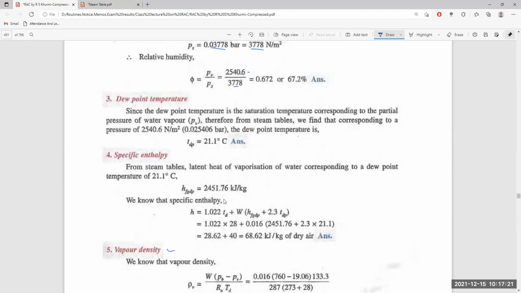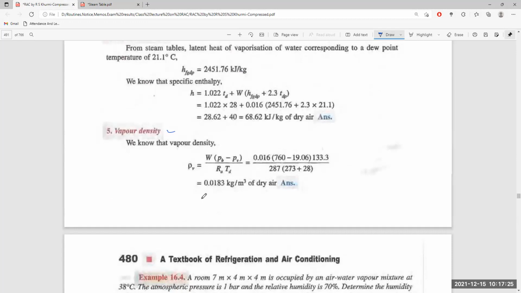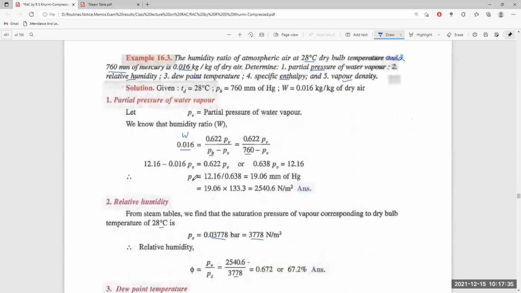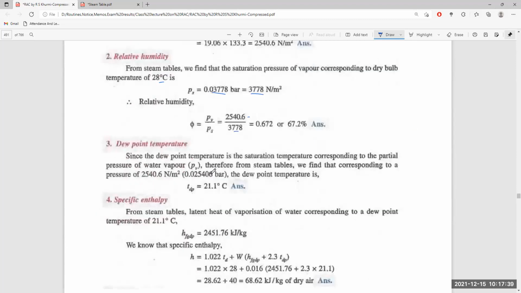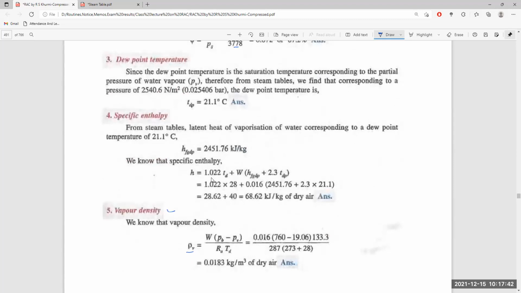Next, vapor density. We know the vapor density is given as rho g equal to the specific humidity ratio, which is 0.016, multiplied by PV over PB minus PV, times the barometric pressure, divided by RA, the gas constant, and TD, the dry bulb temperature in the Kelvin scale, 273 plus 28.